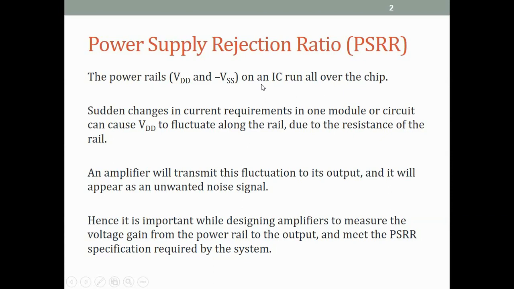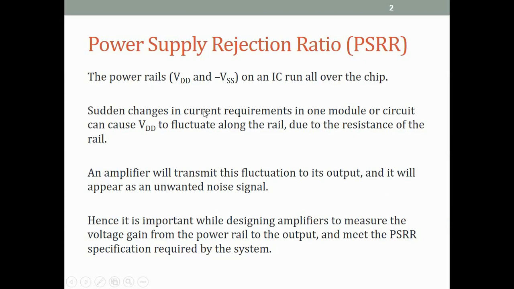Now, what happens is if one module somewhere on the chip has current requirements that change suddenly, for example, a digital sub-block which is switching a lot of gates, then the current requirements can change significantly with time.